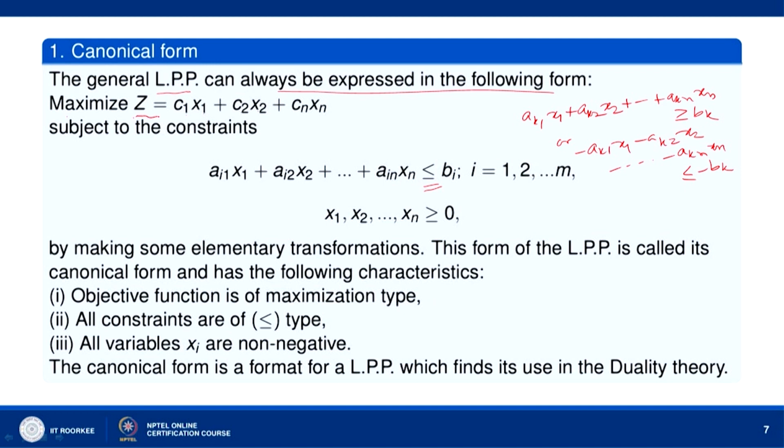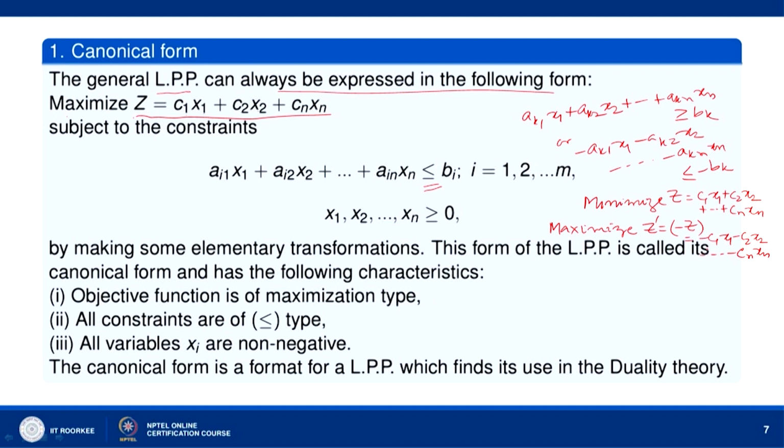And now here the objective function, if we are given that you minimize z equal to c_1 x_1 plus c_2 x_2 and so on c_n x_n, then equivalently we convert it into the form maximize z' equal to minus z, that is equal to minus c_1 x_1 minus c_2 x_2 and so on minus c_n x_n.